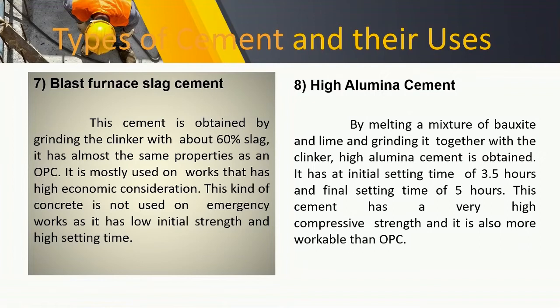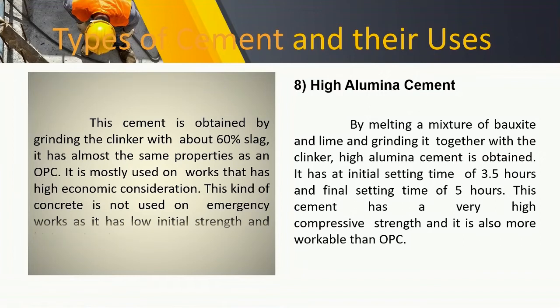So, yung slag ay ginagamit sa buong mundo in road and railway construction and for engineering. Pinakagamitin siya sa paggawa ng asfalto and also successfully used as an aggregate for concrete. And yung blast furnace slag cement ay hindi pwedeng gamitin sa emergency works dahil mababa yung initial strength at high setting time. It can work with OPC to increase strength, reduce permeability, and improve chemical resistance.